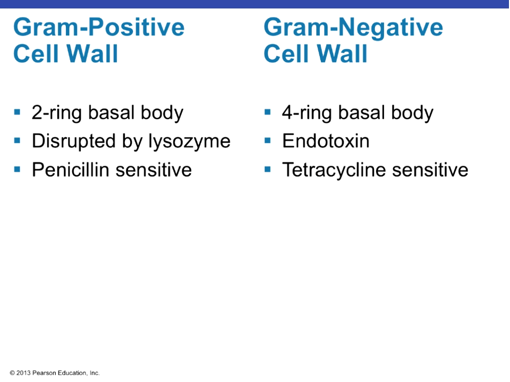So other differences between a gram-positive cell wall and a gram-negative wall, the first bullet we've already talked about. Gram-positives have a less complex basal body attachment for the flagella, whereas gram-negatives have a much more complex basal body attachment for the flagella. Let's look at that again just so that we can remember exactly what we're talking about here. So let's find that slide for the flagella.